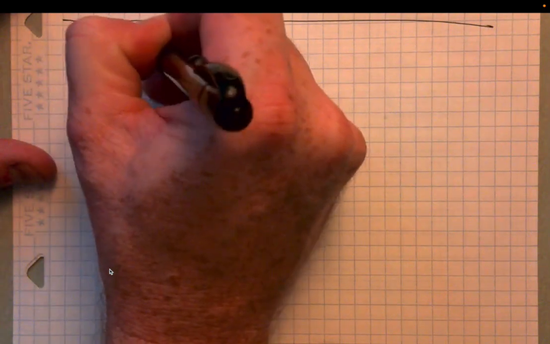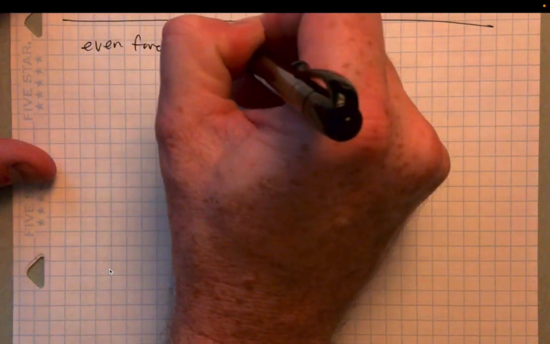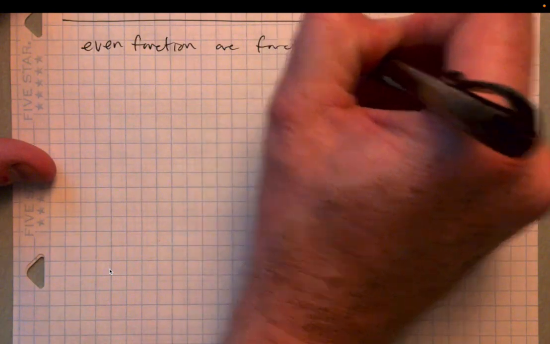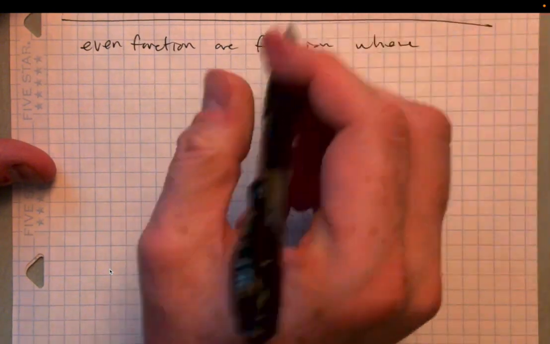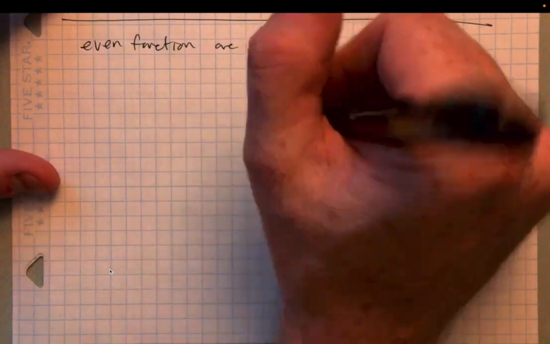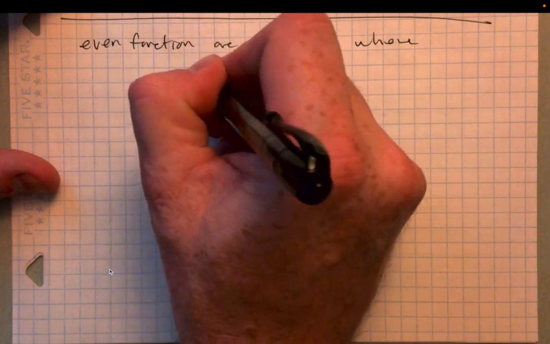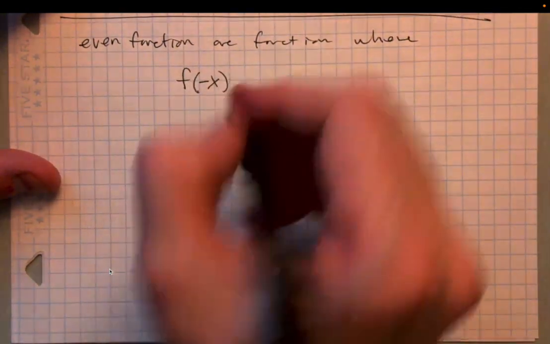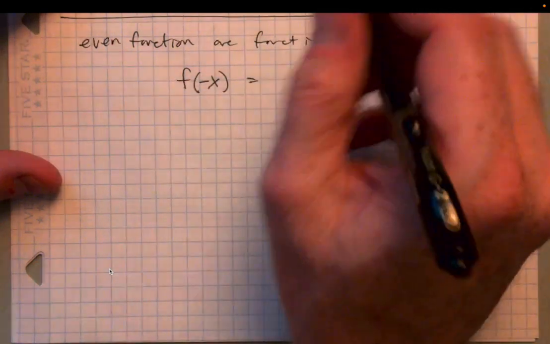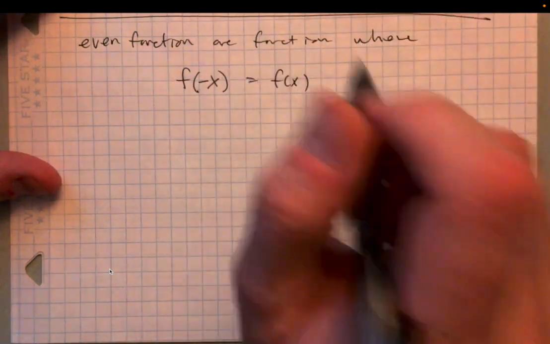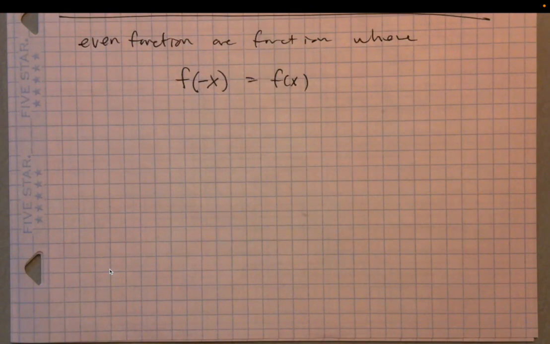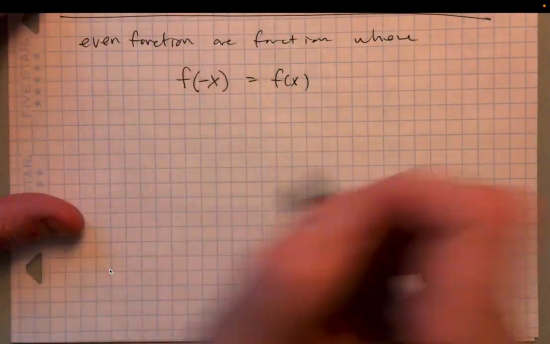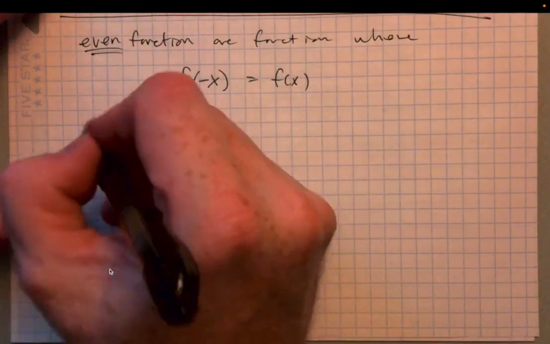So we may remember, even functions are functions where if I have f of negative x, and that's equal to f of x, then the function is called even.